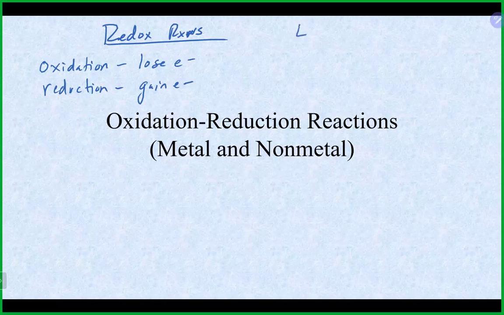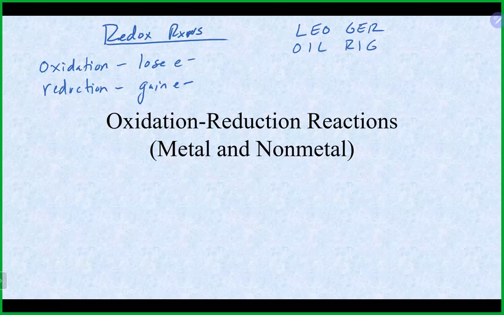Sometimes people remember Leo the lion goes grr: loss of electrons, oxidation; gaining of electrons, reduction. People are fond of OIL RIG as well: oxidizing is losing, reducing is gaining. You can put Leo the lion on the oil rig. He goes grr. You don't have to choose. You can use them both if you like.